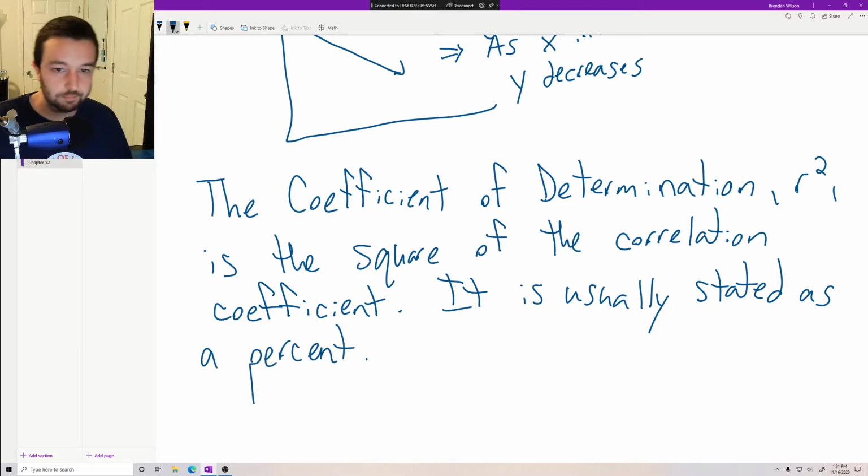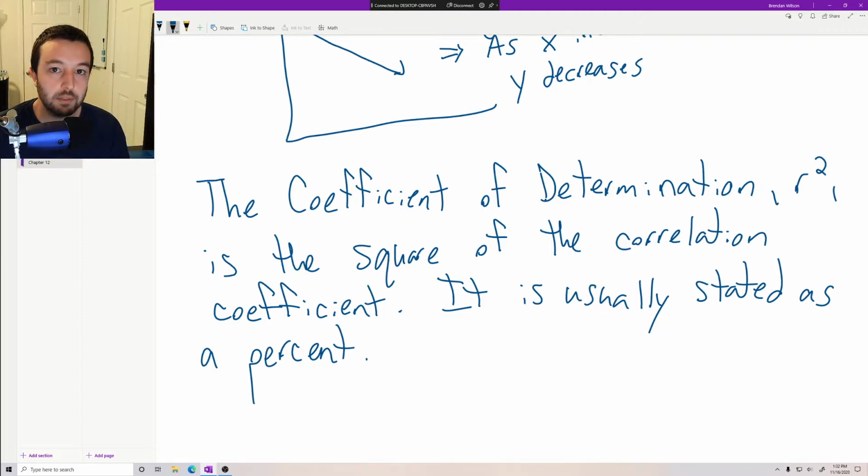Let's think about that. R is always between -1 and 1, right? If we then square R, that means R squared is always going to be between 0 and 1. If R is 0, R squared would be 0. If R is 1, R squared would be 1. If R is -1, R squared would still be 1, because a negative times a negative gives you a positive.